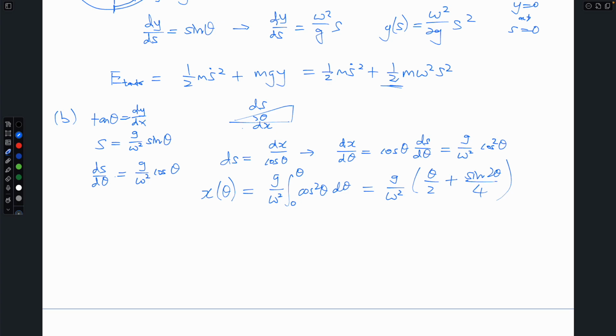Then for y is the same idea, you're just manipulating the differentials again. This time is sine theta over cosine theta, so basically tangent theta, times g over omega squared cosine squared theta.